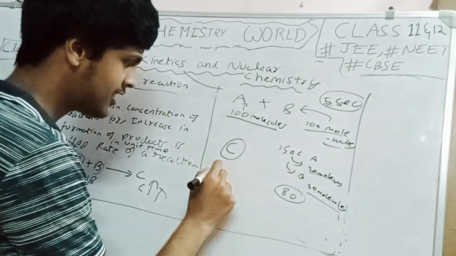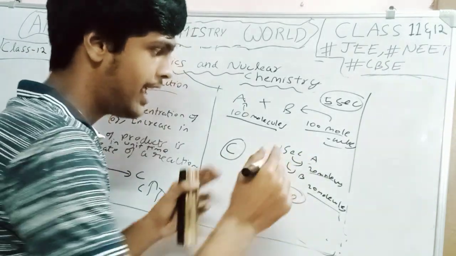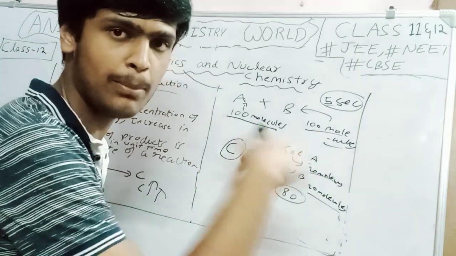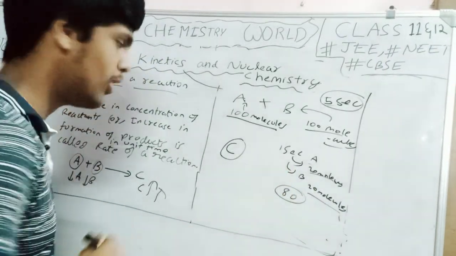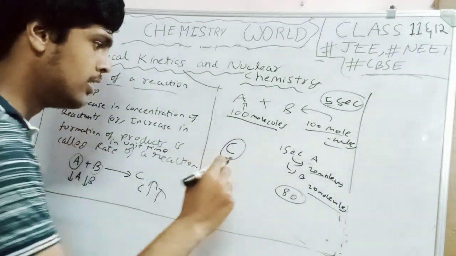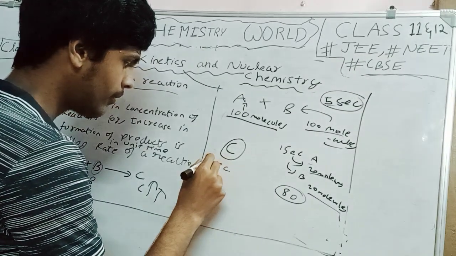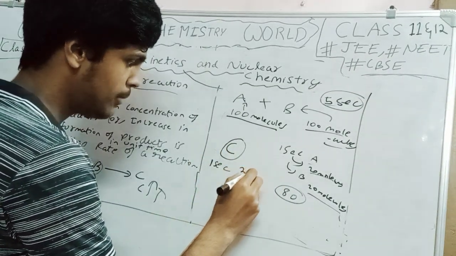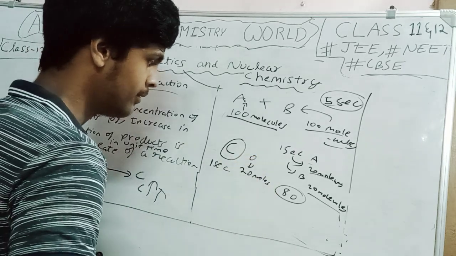Now in the first second, A is combining 20 molecules and B is combining 20 molecules, thereby 80 molecules are uncombined. This means C is forming 20 molecules in the first second, going from 0 to 20.